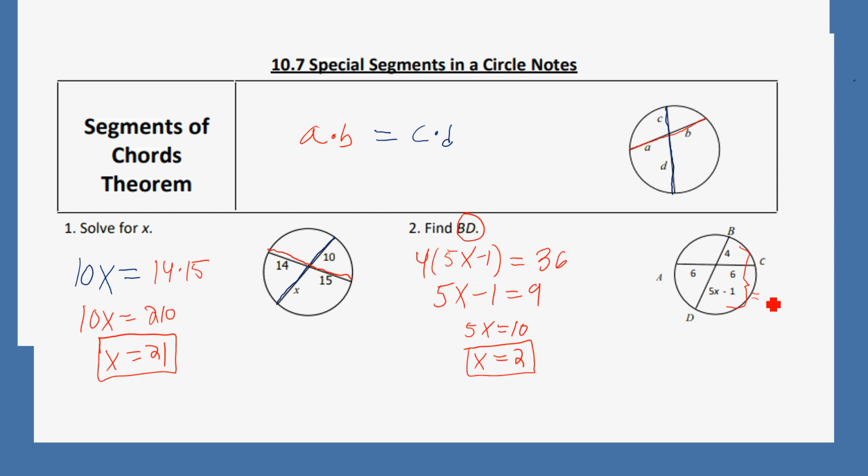So we get 5 times 2 minus 1, which is 10 minus 1, which is 9. And then this part right here is 4. So adding those together, BD is 9 plus 4, which is 13.